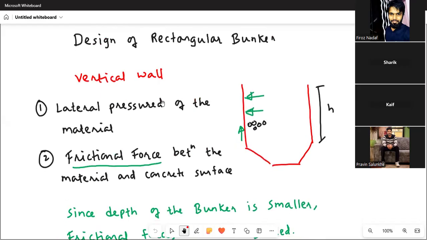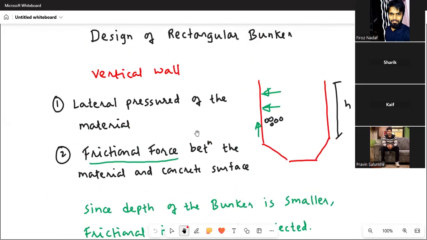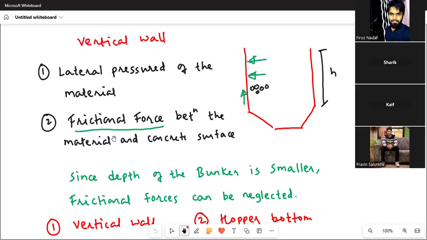In the design of rectangular or square bunker, you have to design the vertical wall and the hopper bottom. The vertical wall is subjected to the lateral pressure of the material, and it is also having frictional force between the material and the concrete surface. So there is friction between the wall and the material.